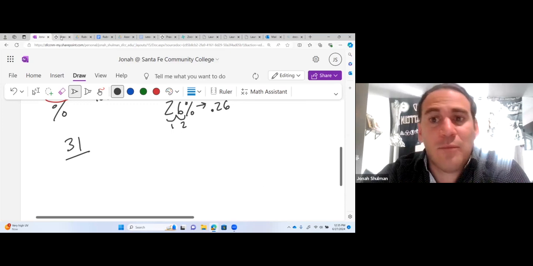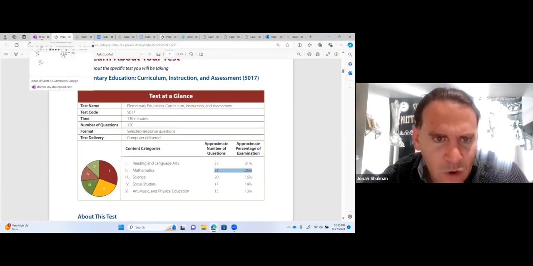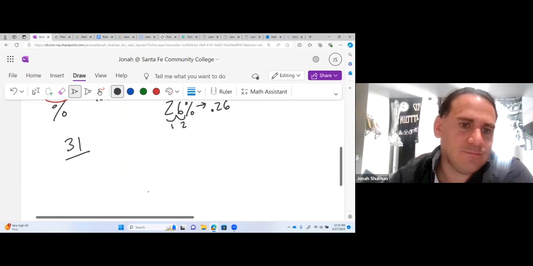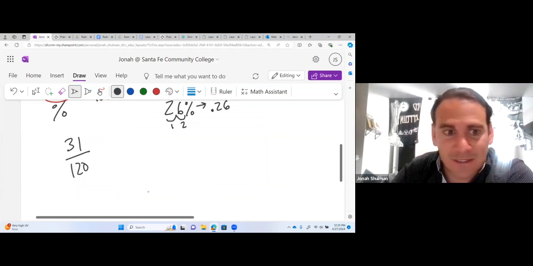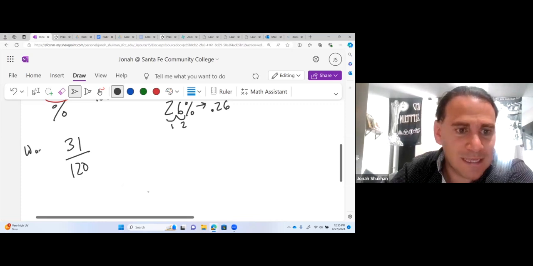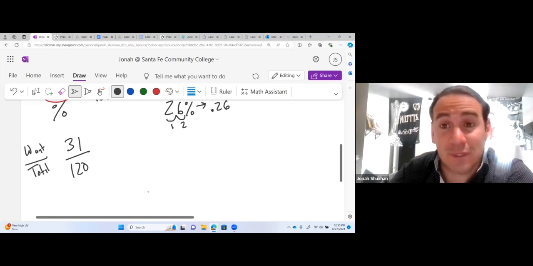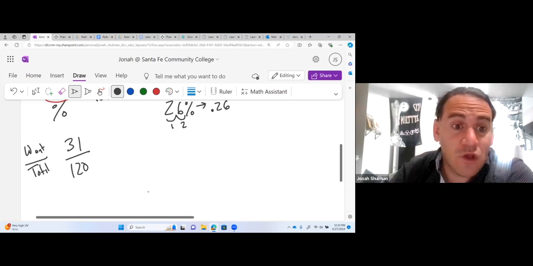And this is how probability works, and we're going to go into this a lot. For probability or for percentages, it's always just what you want to get out of the total. I know it's not a complicated formula. It's just something that I made up to help people out. So 31 out of 120.